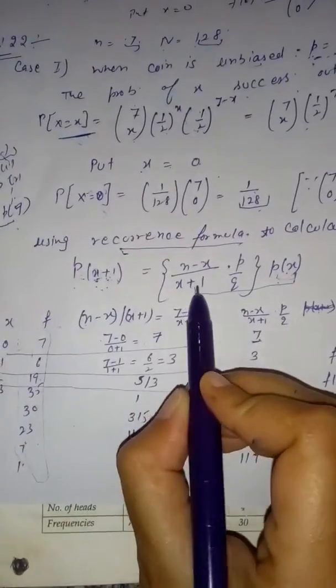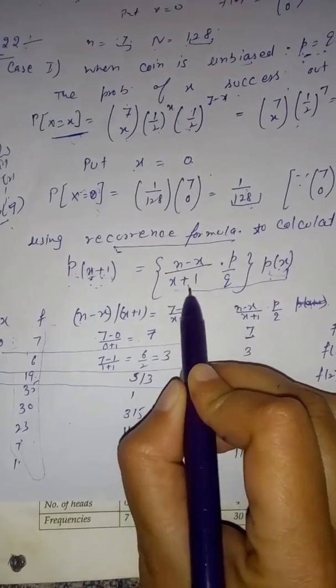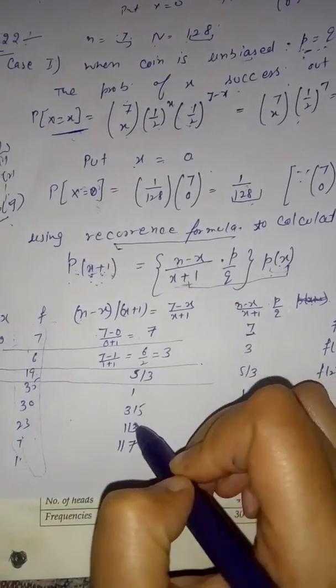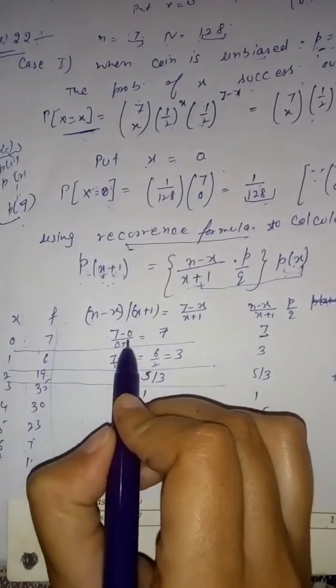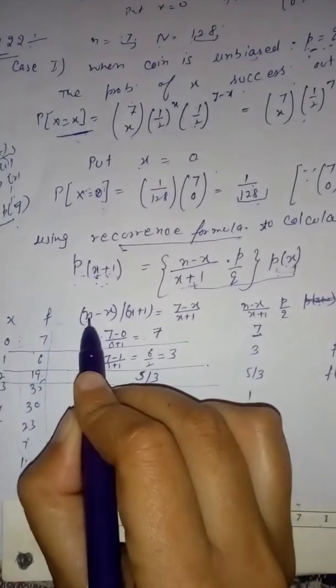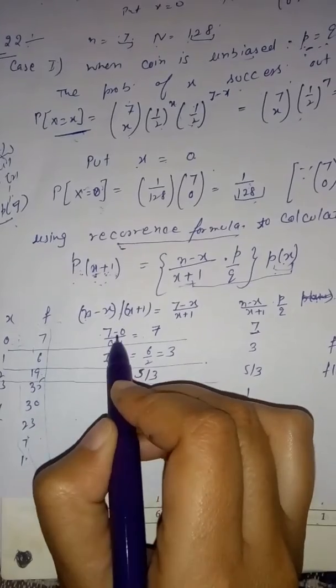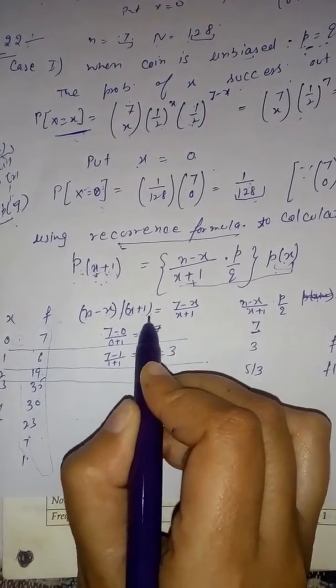The next column is (n minus x) upon (x plus 1), right? Put x equal to 0, n equal to 7: 7 minus 0 upon 0 plus 1, right?